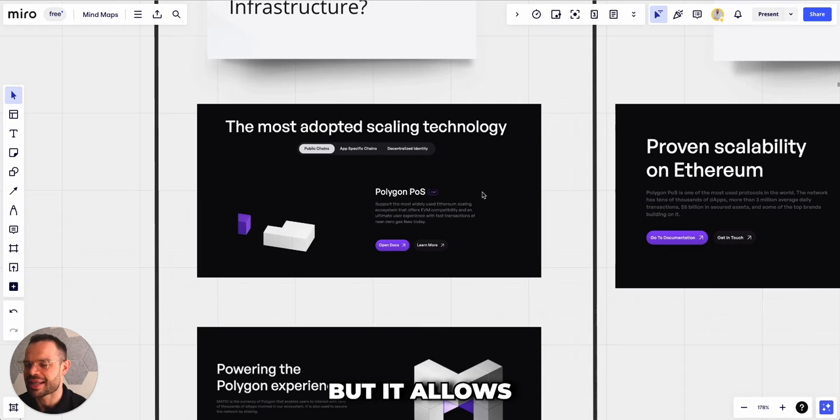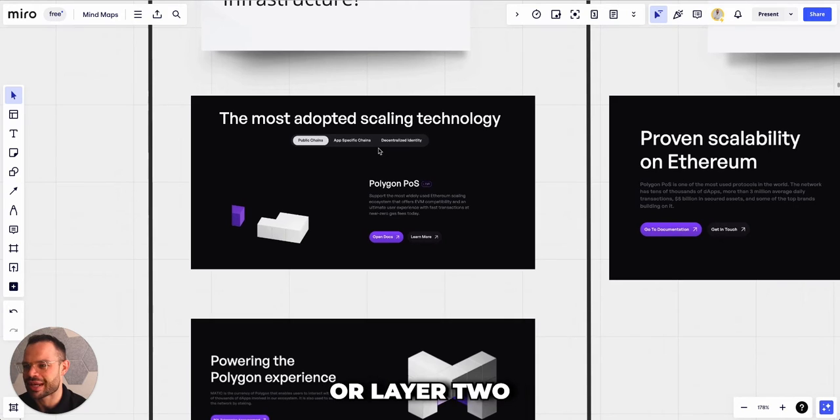But it allows for much more speed, much more scalability, and much cheaper fees if you're conducting the transactions on a sidechain or layer 2 like Polygon and then rolling them up onto Ethereum eventually.